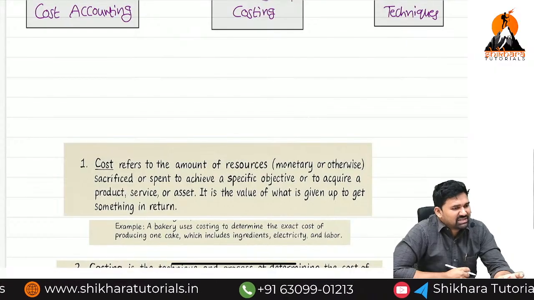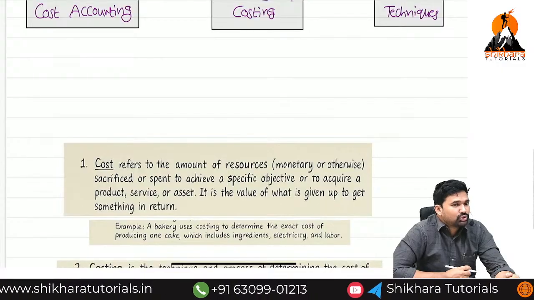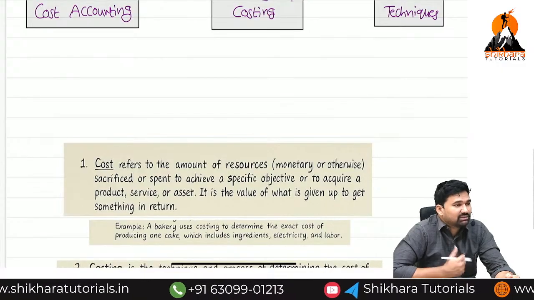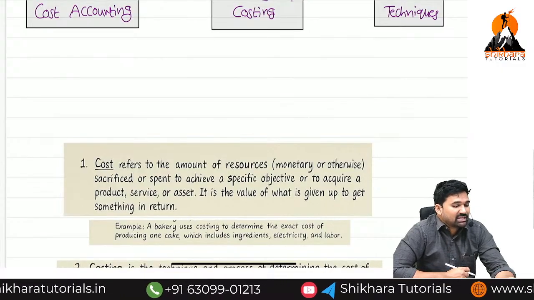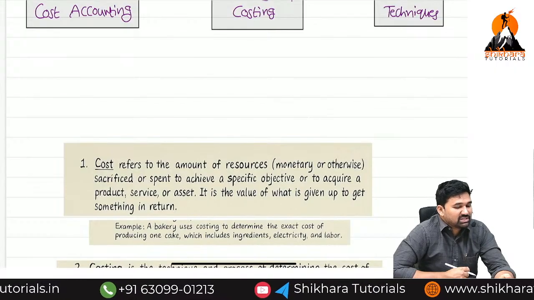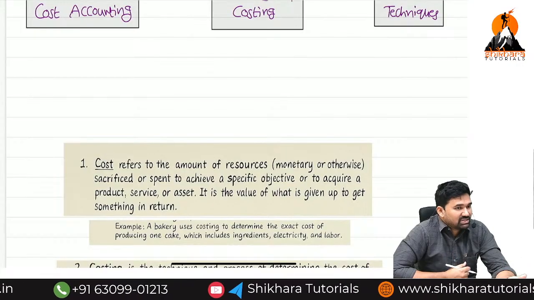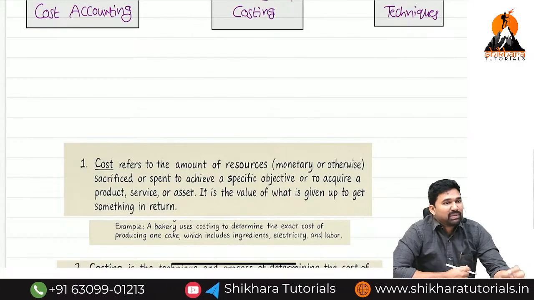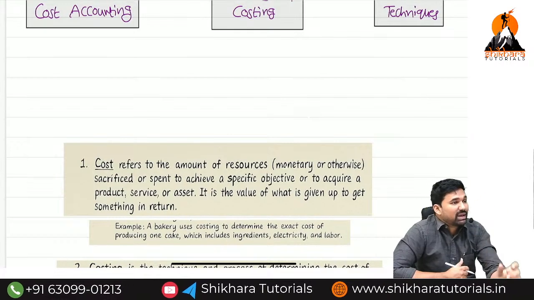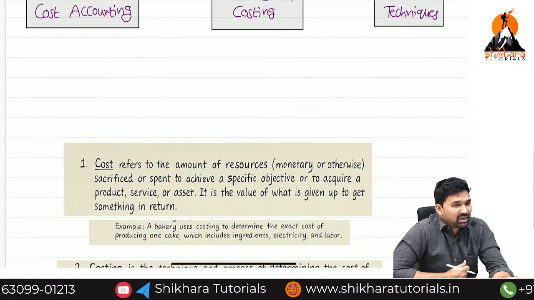Okay, say for example, you wish to purchase a chair. How much will you spend for that chair? A chair may be available at a 500 rupees budget, 1000, 1500, 2000, 5000, limitless. Say for example, you have spent 3,000 for acquiring a chair.